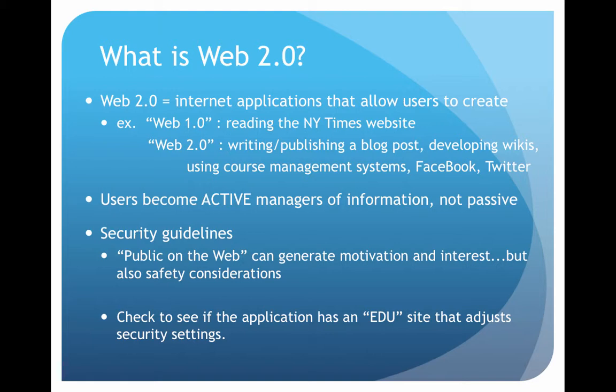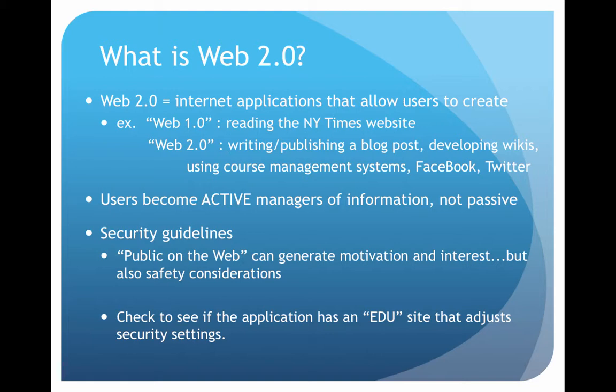So, for example, there's a site that's similar to Facebook called Edmodo, but it's made for classrooms. So it's very secure, and most school districts either have a license with it or will agree to buy a license. And that's one other thing.